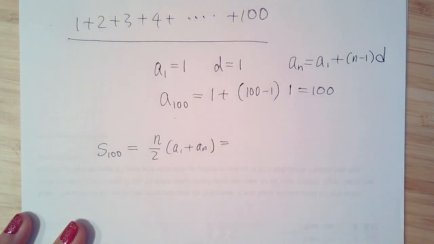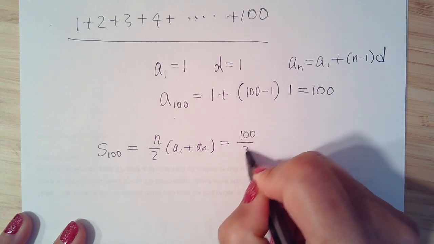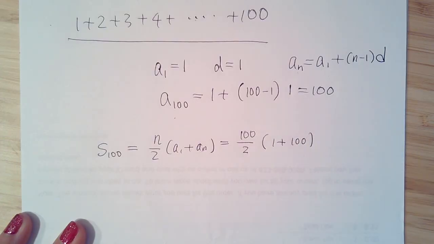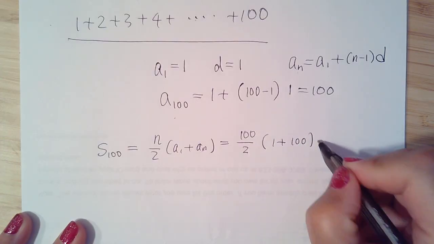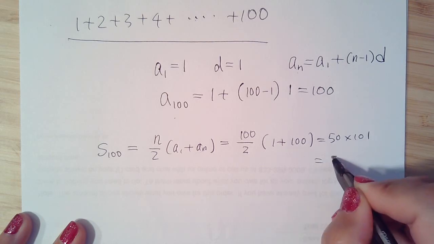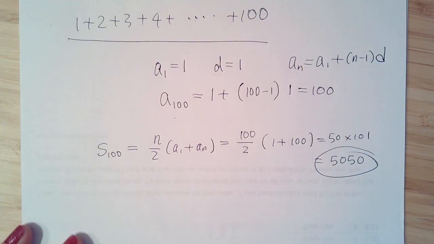So we can simply use the formula: n is 100 divided by 2, and here will be 1 plus 100. Okay, so that is 50 times 101. So the answer is 5050. That's my answer. My answer is 5050.